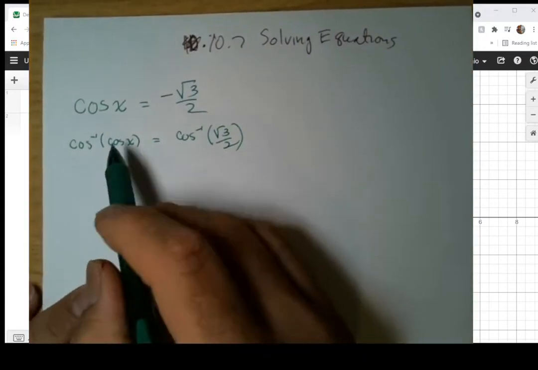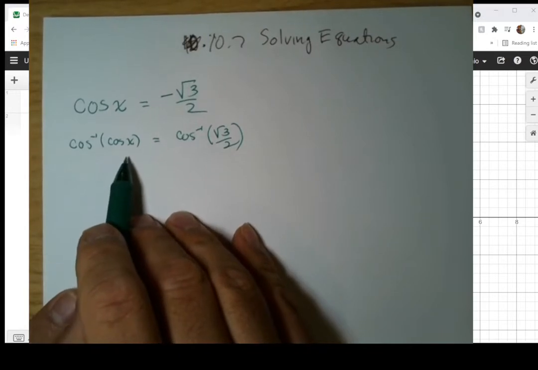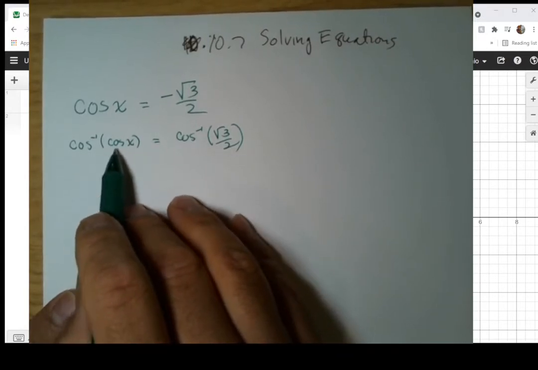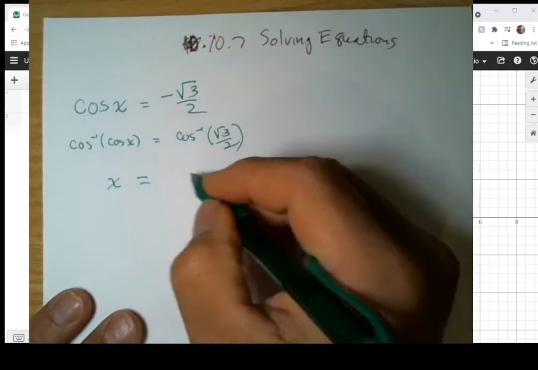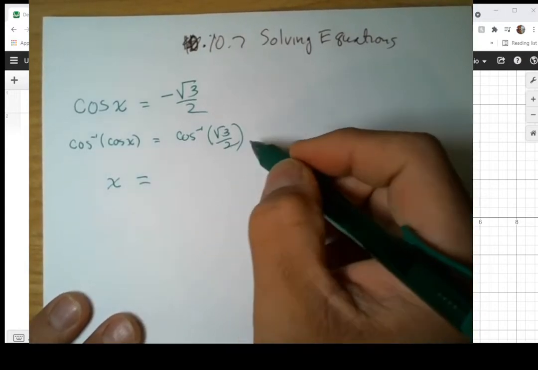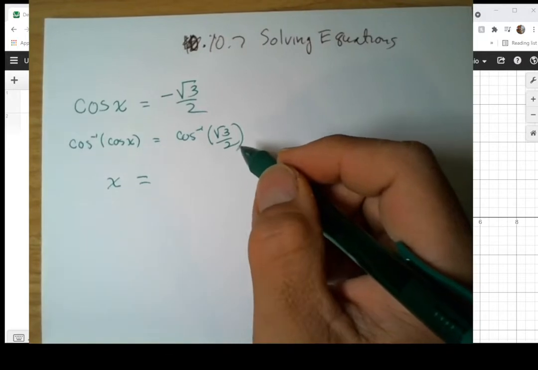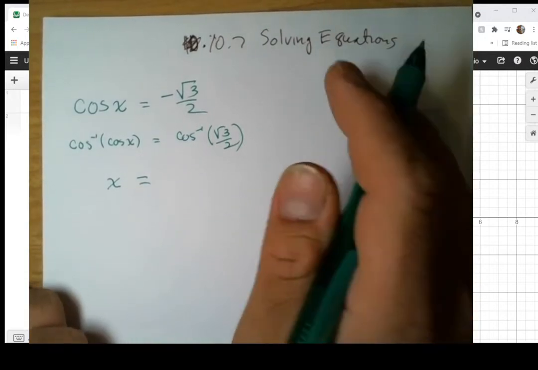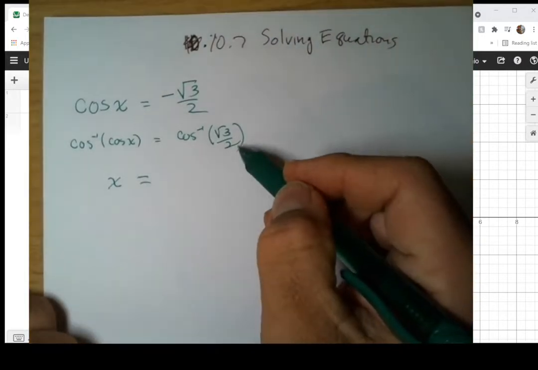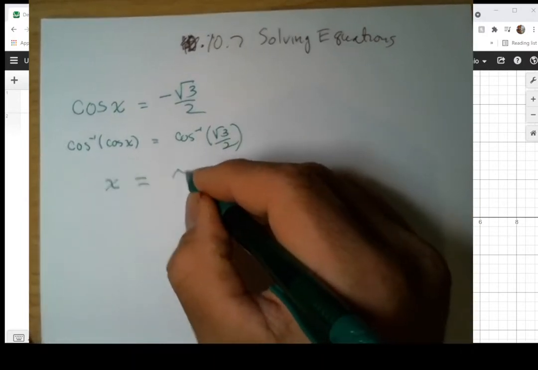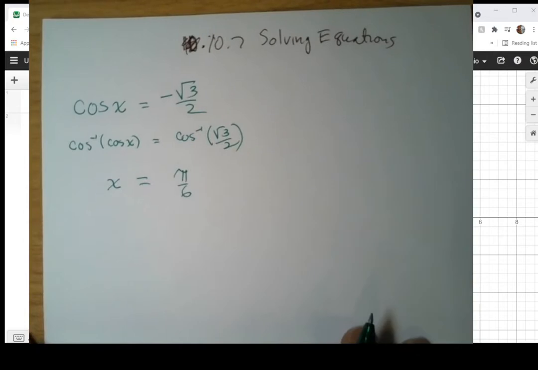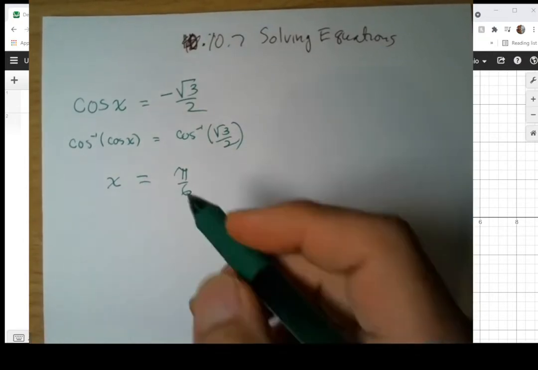We learned in talking about inverse functions that this essentially cancels out, and we're left with x equals the inverse cosine of root 3 over 2. Remember, the cosine inverse is an angle between 0 and pi. Root 3 over 2 would correspond to pi over 6. And we'd say, wow, I found a solution.